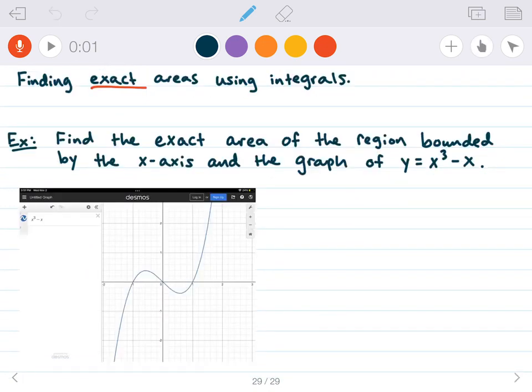All right, finding exact areas. So remember in the very beginning of the lecture, I talked about areas versus integrals. So when we're taking integrals, we want to make sure that we're giving the appropriate signs, based on whether or not we're above or below the x-axis.